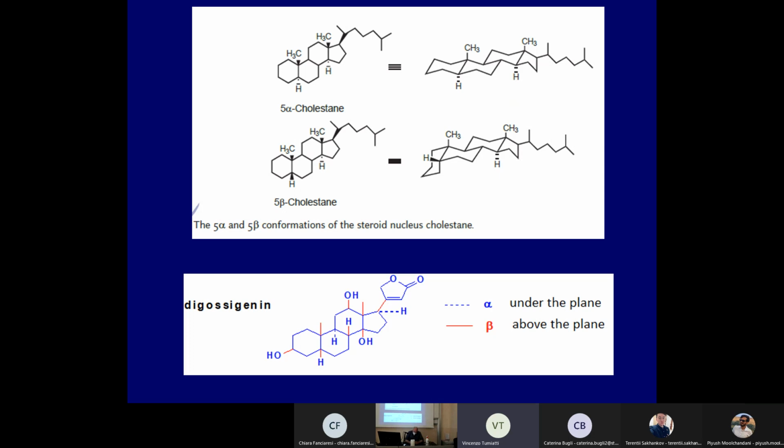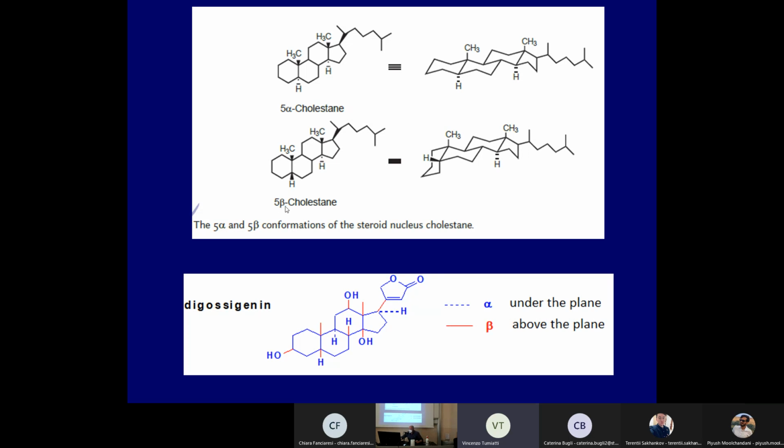Once again, you can see the different ways of fusion of these two six-membered rings. We can have a 5-alpha cholestan. We see these two atoms are in opposite positions. Trans is a transfusion of these two rings. And when you have this type of fusion, the two rings are on the same plane, so the molecule is quite planar in this case.